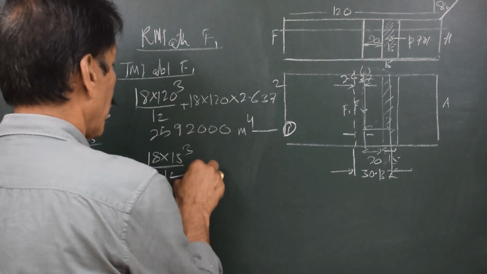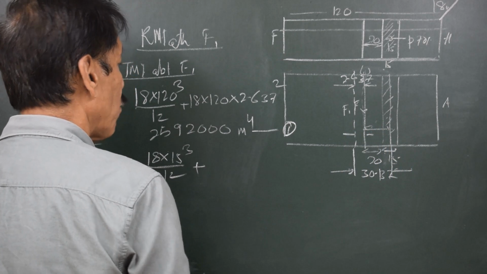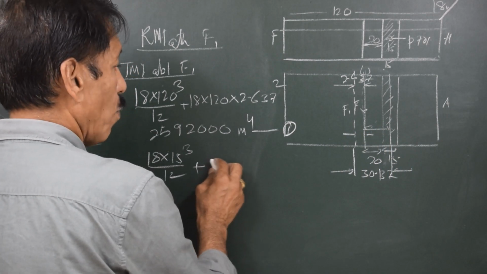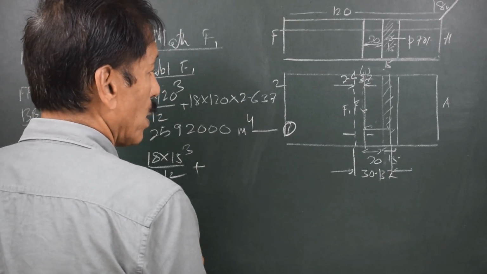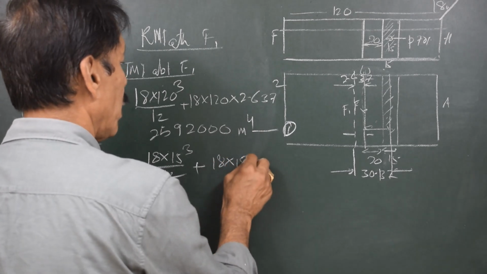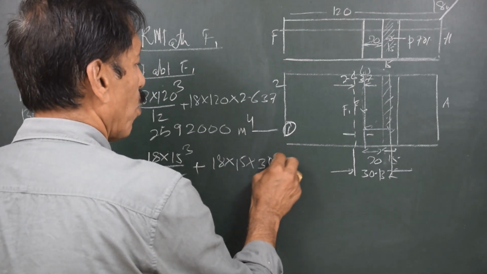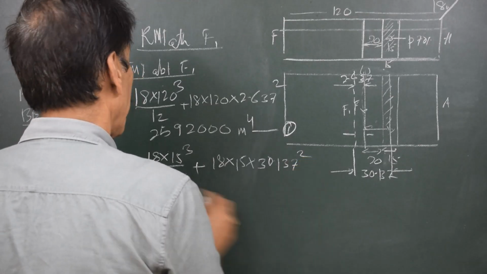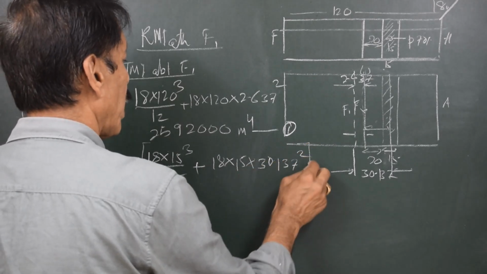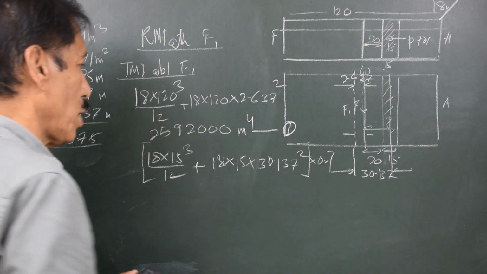So when I shift the loss to the axis passing through F1, the distance involved is 30.137 and the area is 18 into 15. A multiplied by D square, 30.137 square, and the whole thing has to be multiplied with 0.7 because the loss has to be multiplied with 0.7.